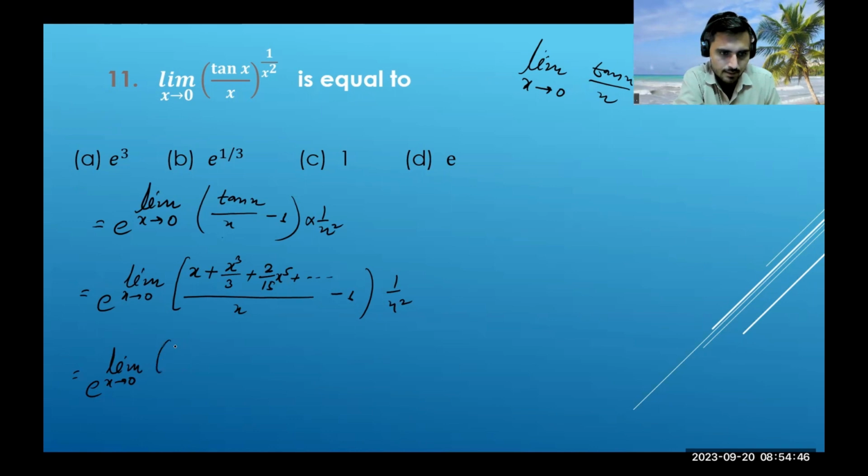So we'll write here x plus x cube upon 3, right? And we have here x minus 1 upon x square.